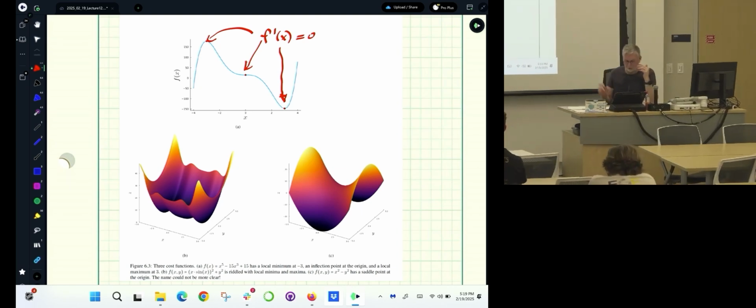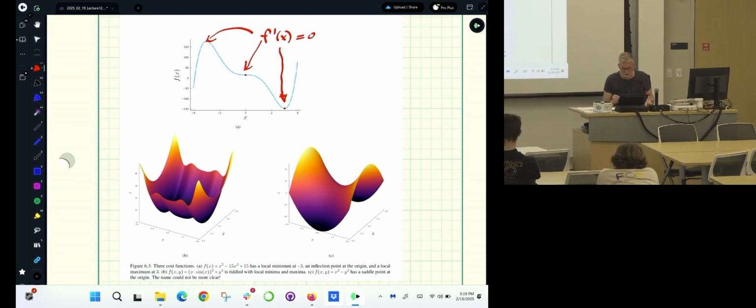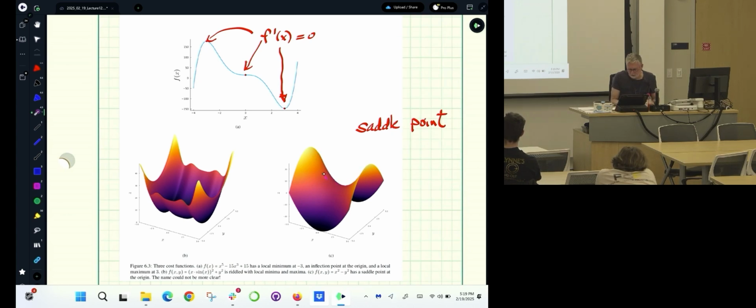This image is literally called a saddle because it looks like a saddle. It's essentially the vector version of an inflection point because you're locally minimized in one direction, but locally maximized in another.